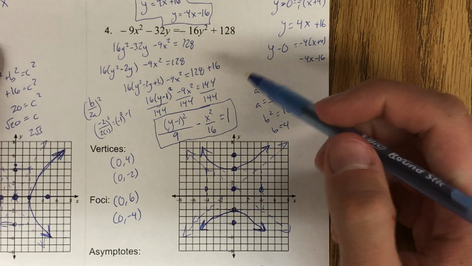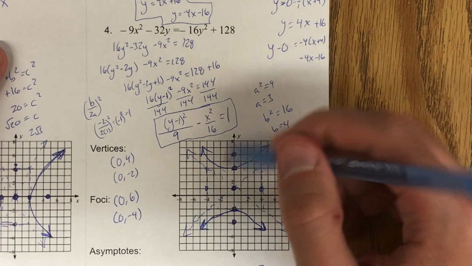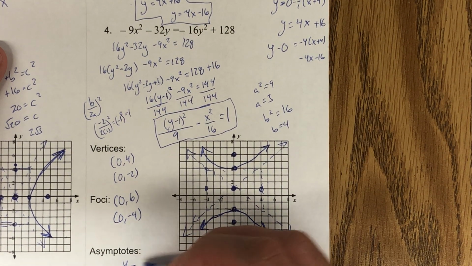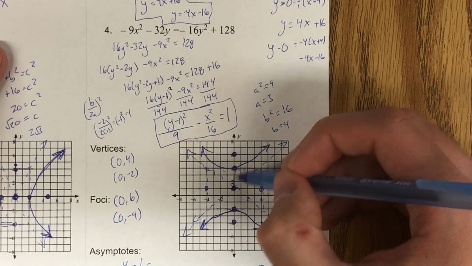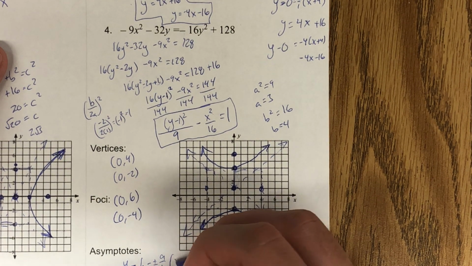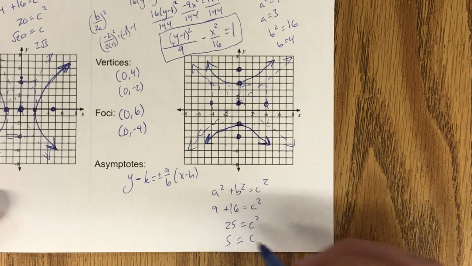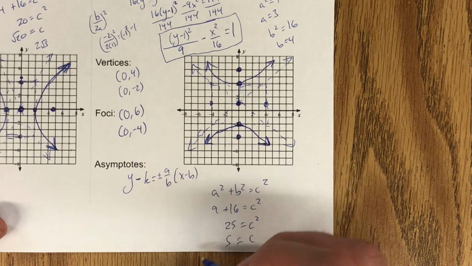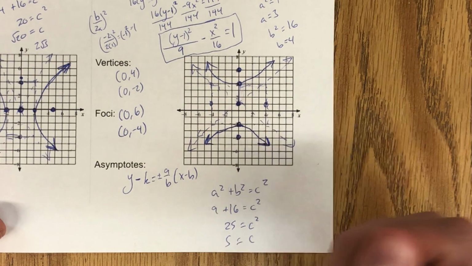Okay. And last thing we do is write our asymptotes. So this is a vertical hyperbola. So we have y minus k equals plus or minus a over b times x minus h for our asymptotes. So that would be our general formula, where in this case, h is 0, k is 1.